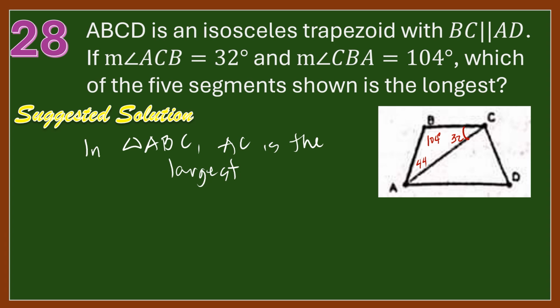And since angle BAC is 44 degrees, then angle DAC must be equal to 180 minus 104 minus 44, and that is equal to 32 degrees. Or we say that angle BCA and angle DAC are alternate interior angles when AC is the transversal of parallel lines or parallel segments BC and AD.